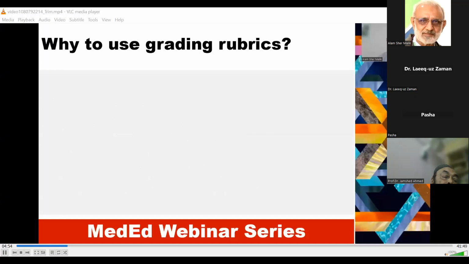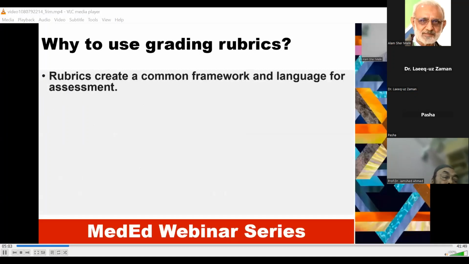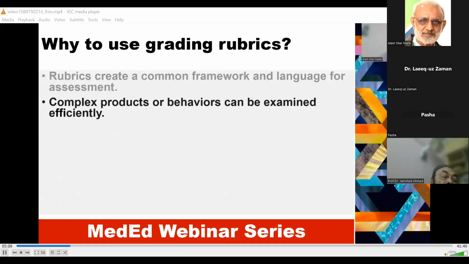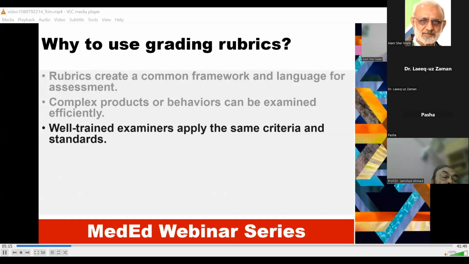Now the second question, why to use grading rubrics? There are a number of reasons and justifications. Rubrics create a common framework and language for assessment. Complex products or behaviors can be examined efficiently. Well-trained examiners apply the same criteria and standards, and therefore the inter-examiner variability is minimized.